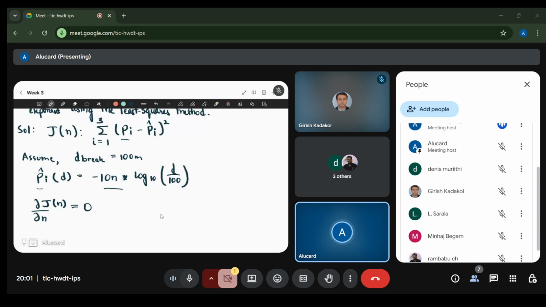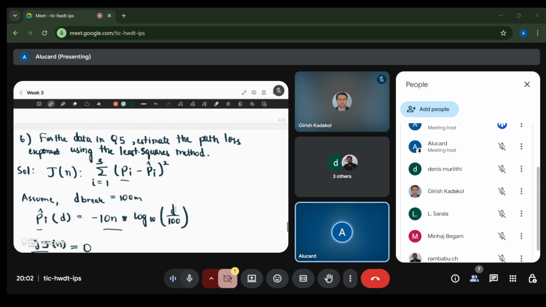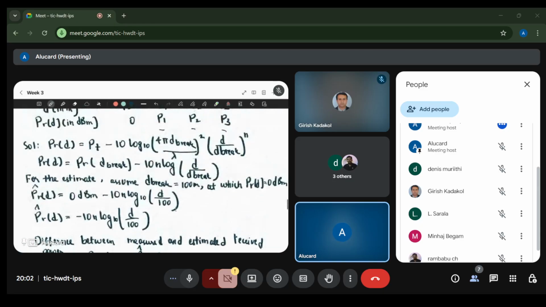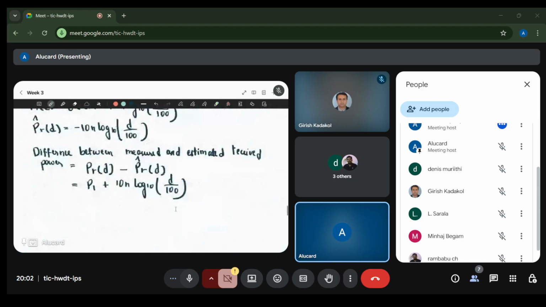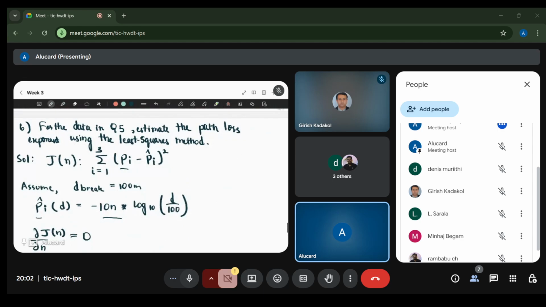Then you will get an equation which you have to solve for n, and whatever that value is, that will give you the path loss exponent, which minimizes the square error. I've given you the formulas to do all this. Now you just have to go back and plug in the values. That much you should be able to do for the assignment.